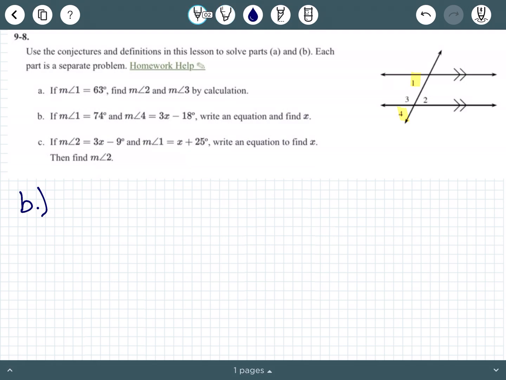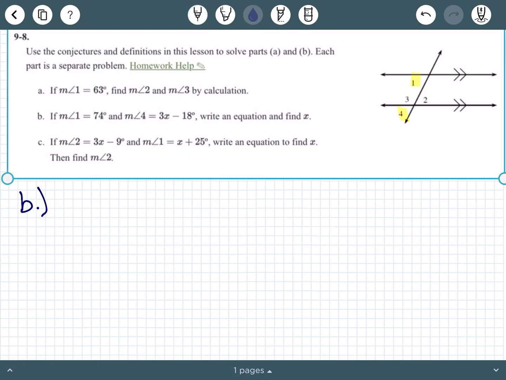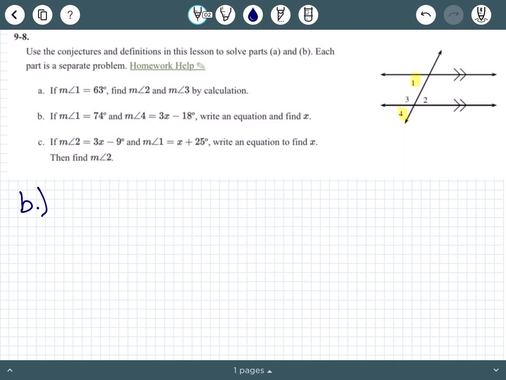So notice if I copy down as best as I can, at least on this app, my measure of angle 1, and I slide it down onto my measure of angle 4, they are the same.